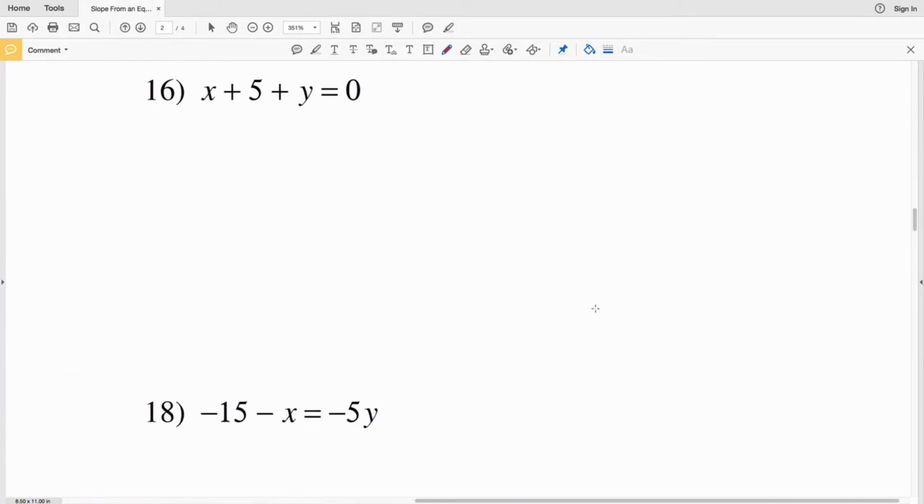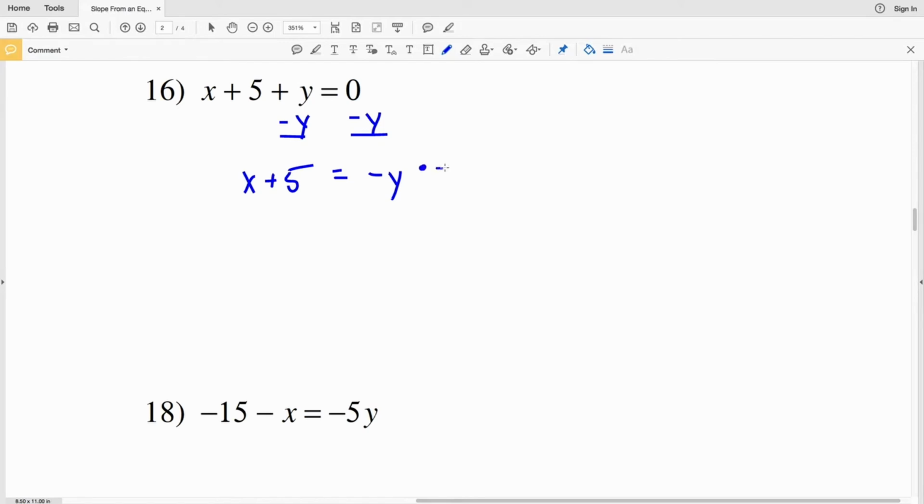In number 16, we have x plus 5 plus y equals 0. We need to isolate the y, so let's go ahead and subtract y from both sides to get that by itself. We'll have x plus 5 on the left, and that's going to be equal to a negative y on the right. We want this y to not be negative, but instead be positive.